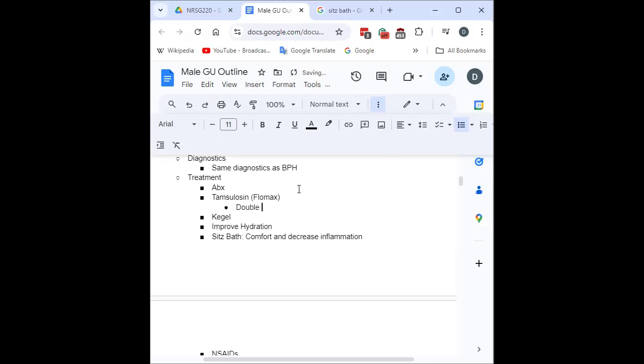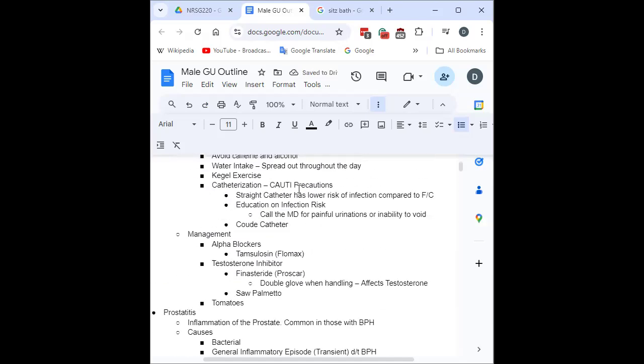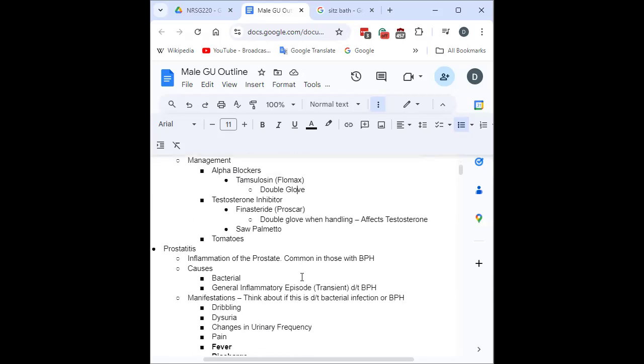Double glove on. Yeah, you double glove on both of those. I think it's because it can affect you. I think that's probably the same reason you want to double glove with your nitroglycerin, because it can absorb into your skin and cause some of the effects.